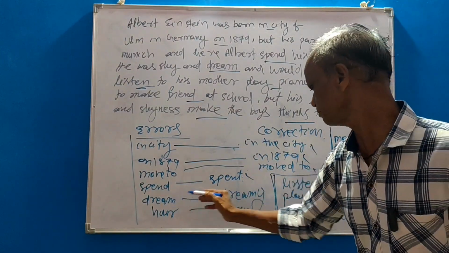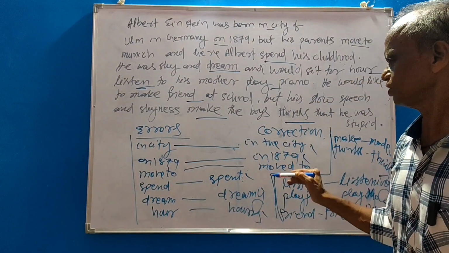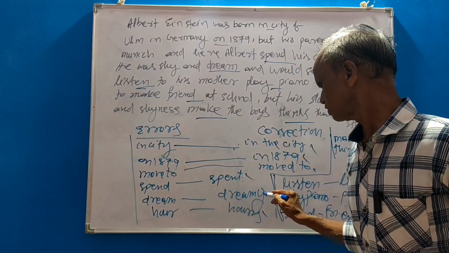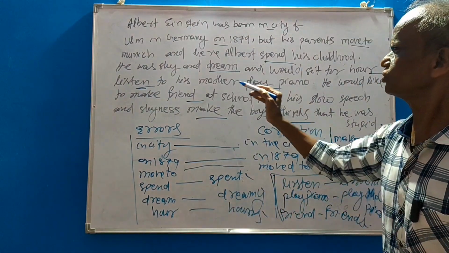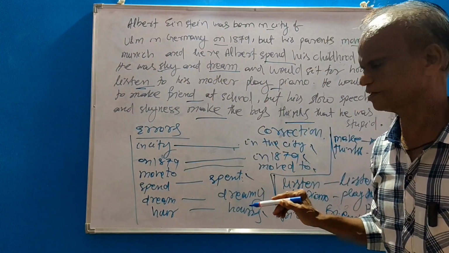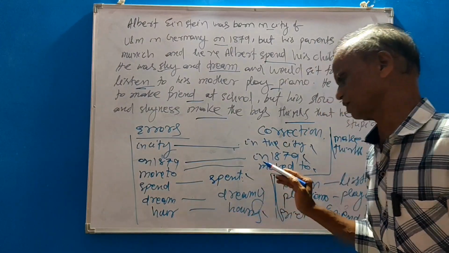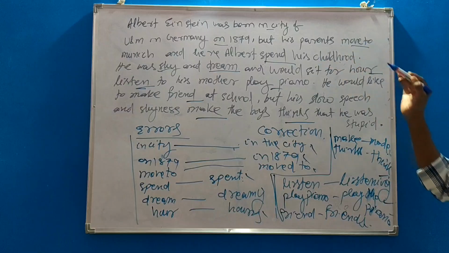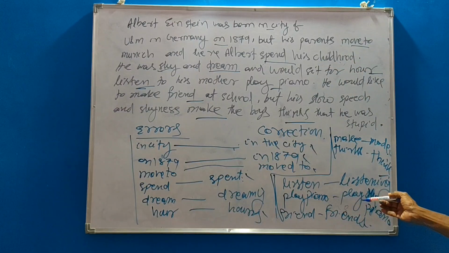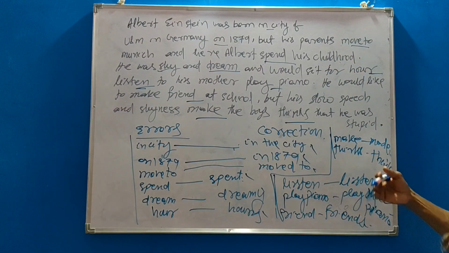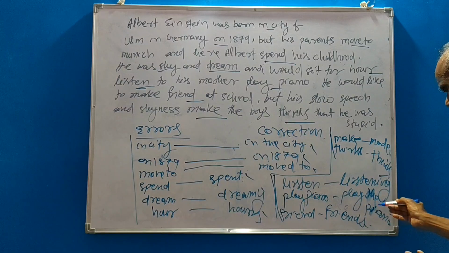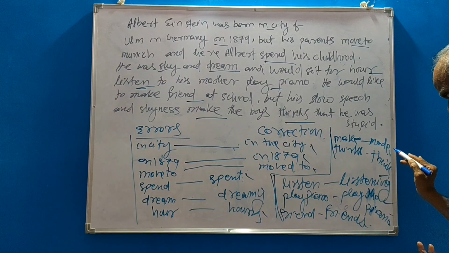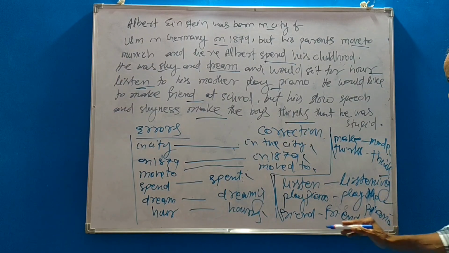Dream, dreaming: because dream is a noun, use dreaming as an adjective, because there is sad, an adjective. Then hours, plural number. Listen, listening, continuing action. Play piano, play the piano: a musical instrument takes the definite article the.